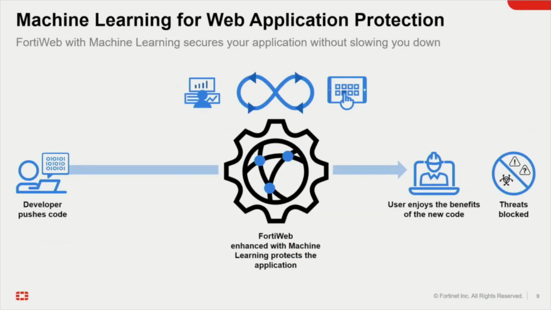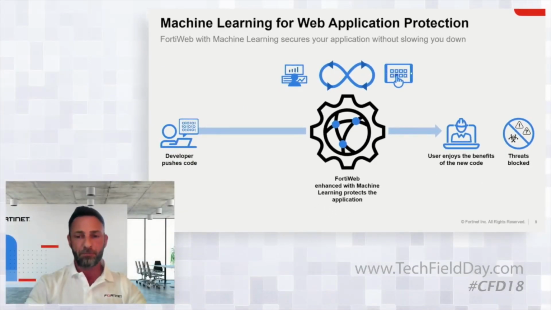So FortiWeb has 2 modules for machine learning, a two-stage machine learning process. But what we do with FortiWeb is, a developer can push code into a production environment. It goes through the pipeline. It gets pushed to production, where it is then ideally protected behind a web application and API protection mechanism. We would like it to be FortiWeb. And the customer is, of course, interacting with this application.